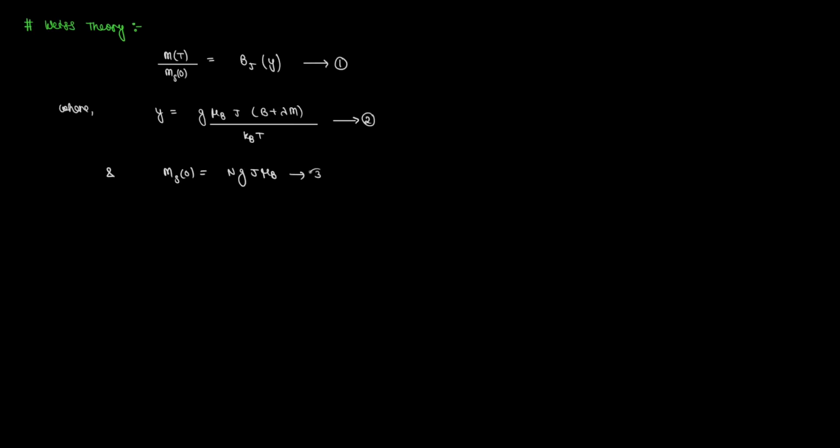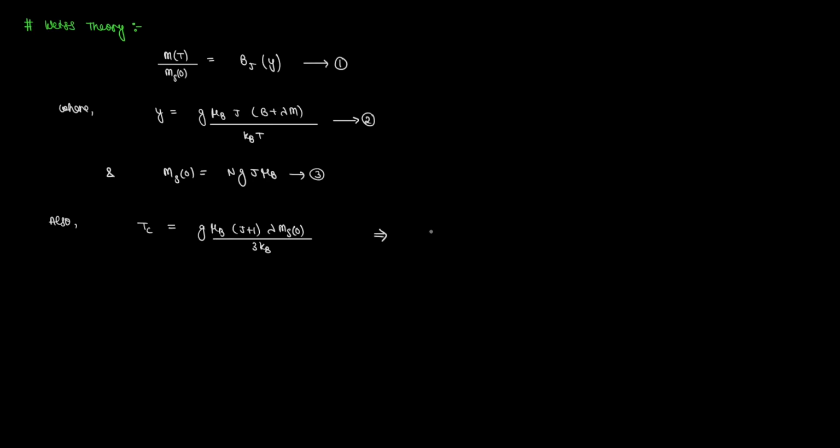We had also calculated the Curie temperature by equating the slopes of the Brillouin function and another linear function, which gives Tc equal to g mu_B (J plus 1) lambda times Ms divided by 3 k_B.